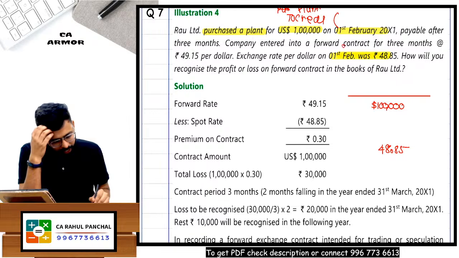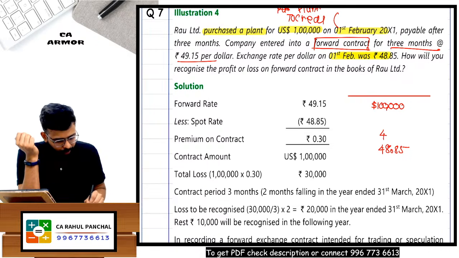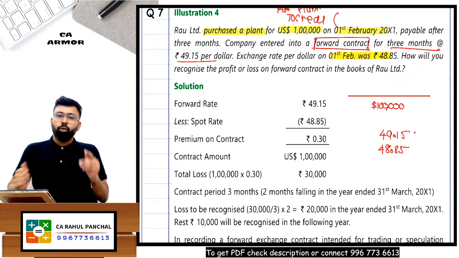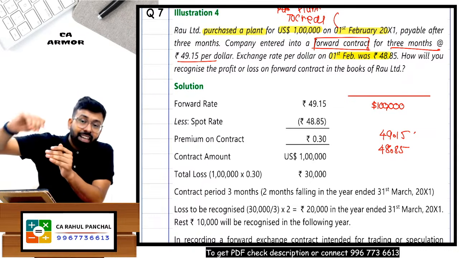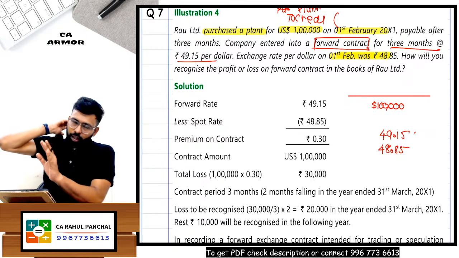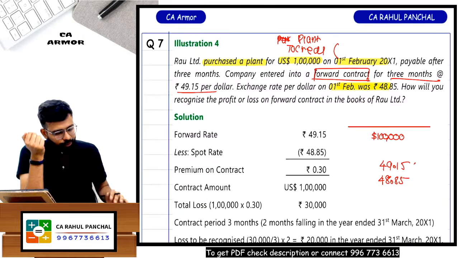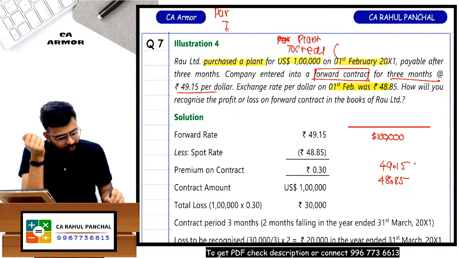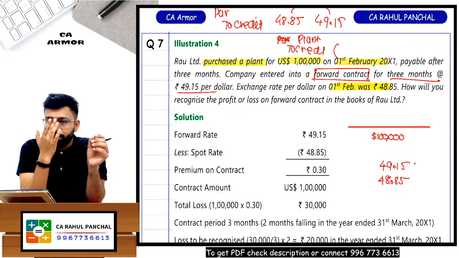But sir, I have entered into a forward contract, a 3 months contract, where I am ready to pay 49.15 for that $1, because I feel the rate will increase beyond this. So now try to understand: on the first day the rate was 48.85, still I have entered into a contract where I'm ready to pay 49.15.